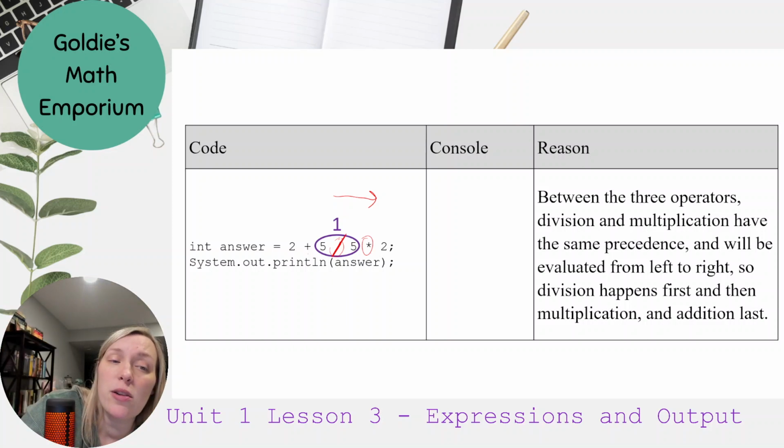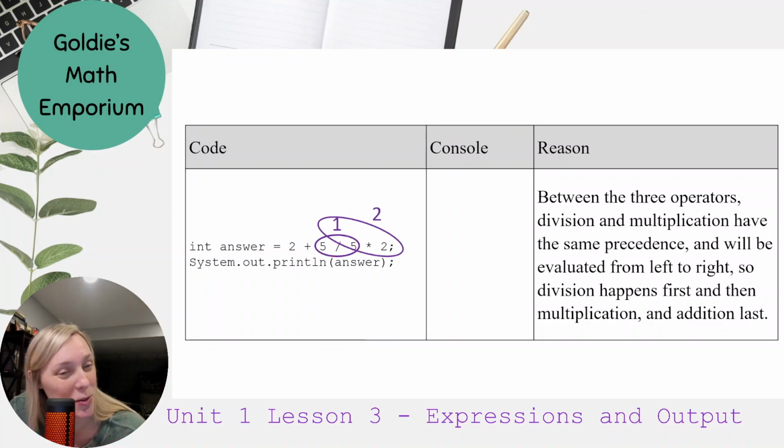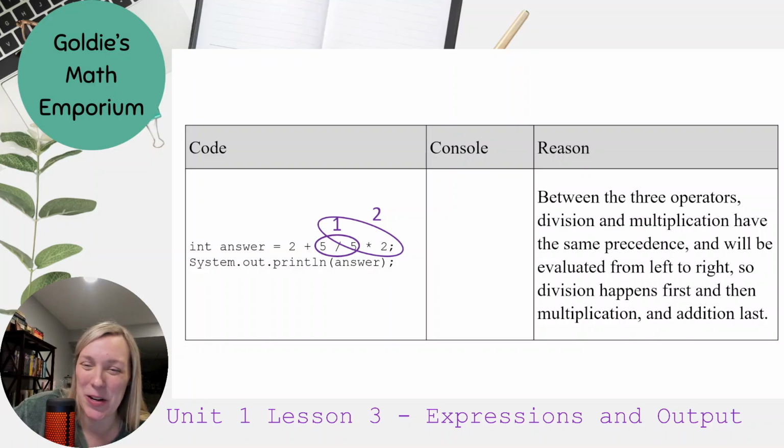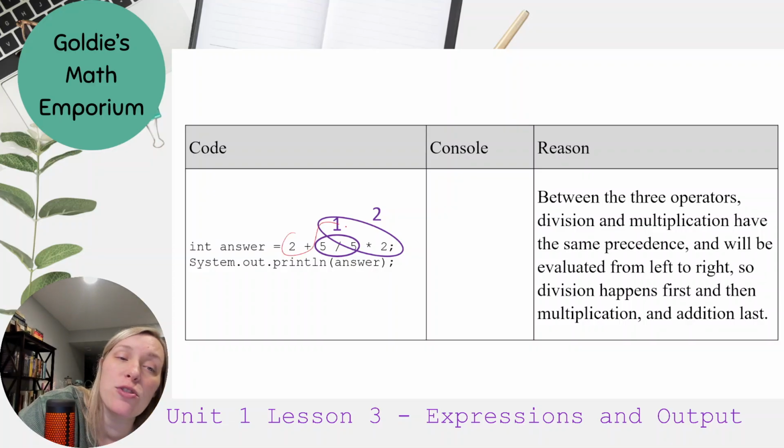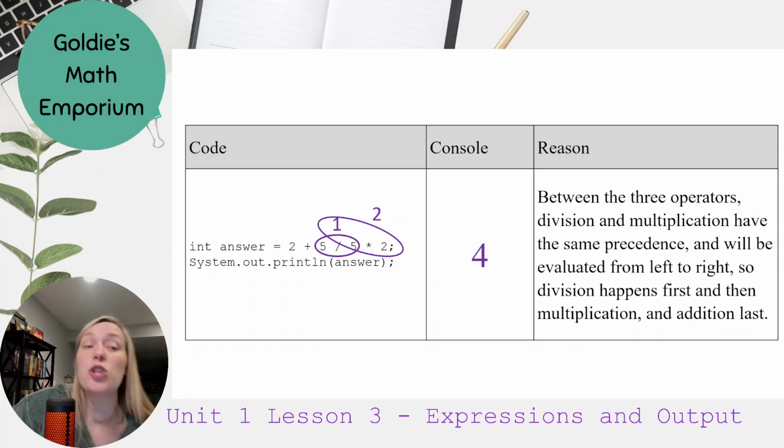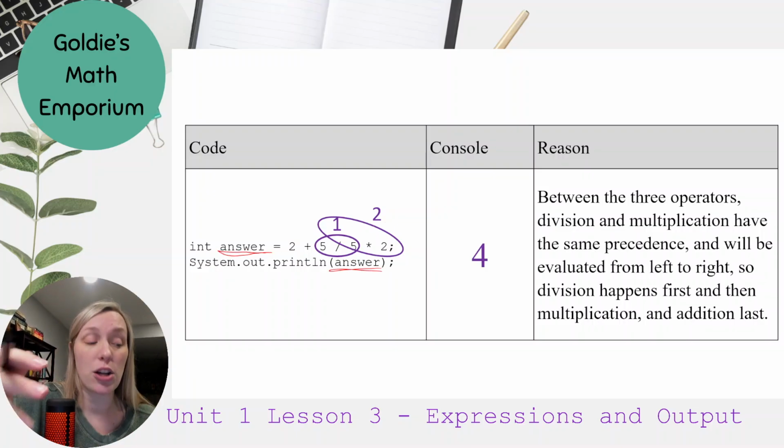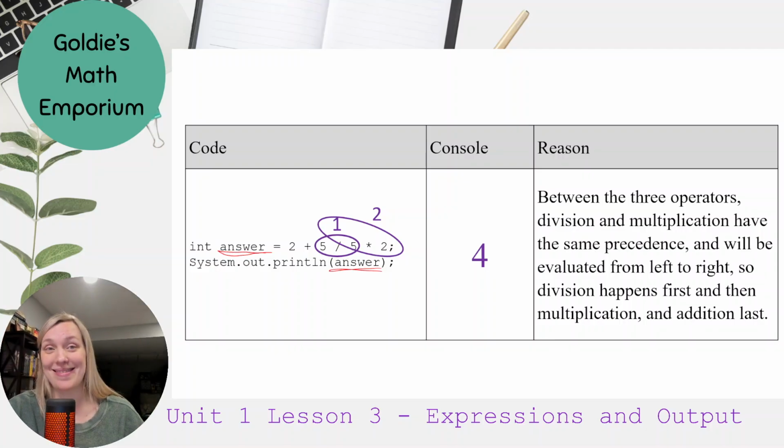Now that we have 1, we're left with addition and multiplication, and we do the multiplication next in order of operations. So we do 1 times 2, which is 2. And then the last thing we do, we just have 2 plus 2. 2 plus 2 is 4. So that means 4 gets stored in answer, and then we print off 4 to the screen.